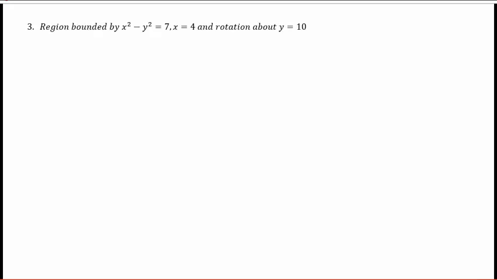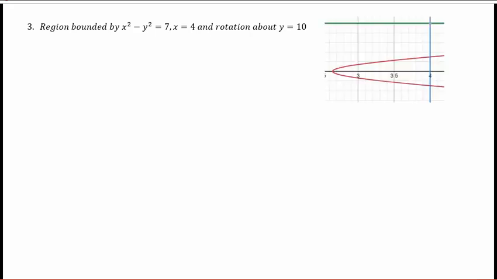Number 3. We now have an implicit form. x squared minus y squared is 7 and x equals 4, and rotation will be about the line y equals 10. So you graph this one. This is the line here, the green line is y equals 10. And x squared minus y squared is 7.